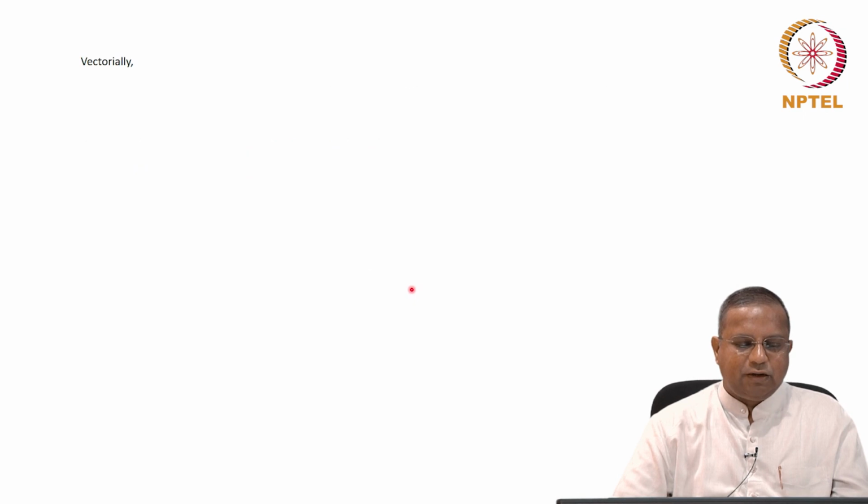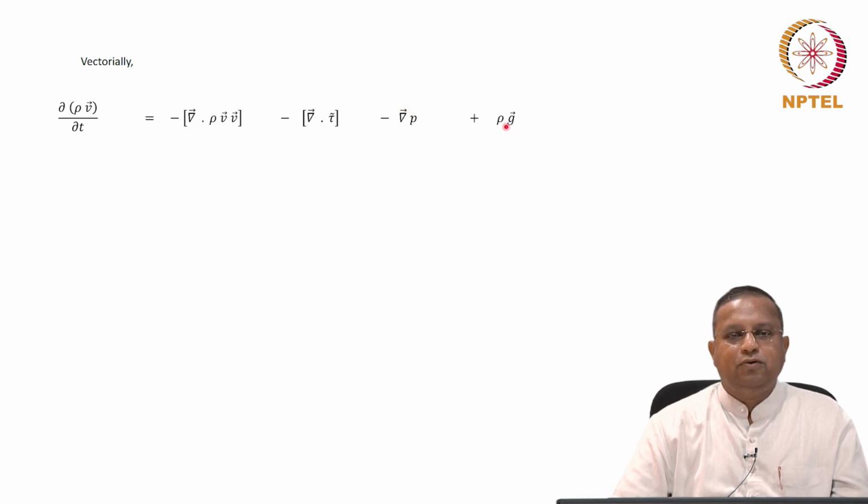In compact terms, or vectorially, we can write this as ∂/∂t of ρv vector equals minus del dot ρvv minus del dot τ minus del of p plus ρg. Okay. Equation 3.4-4.